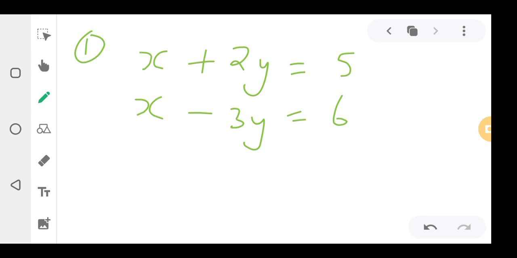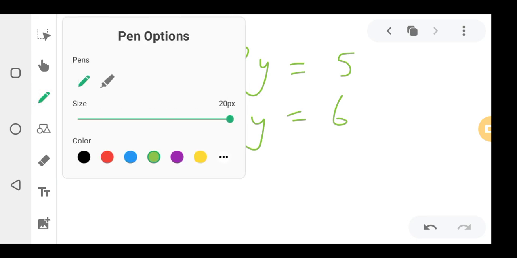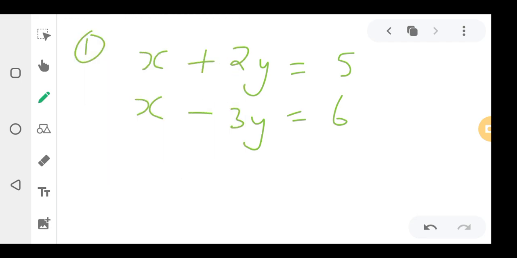Okay, the first thing that you do whenever you're solving simultaneous equation, you look at the numbers in front of the letters. So here in front of x, what number is there? 1. Here again in front of x, what number is there? 1. Again in front of y, what number is there?